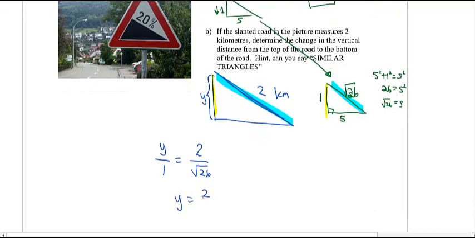So y is just 2 over root 26. And if you need a calculator to do this, please do it. 2 divided by root 26 gives you approximately 0.39. Is that kilometers? Yeah, kilometers. Okay, or I guess if I want another decimal, that's 392 meters. There you go.